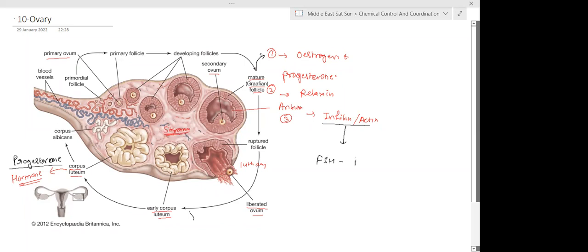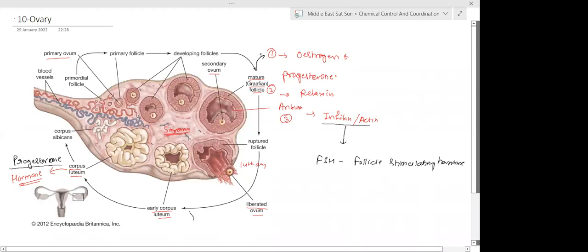We have already studied follicle stimulating hormone in the case of the pituitary.